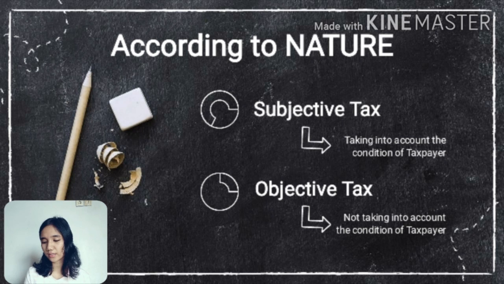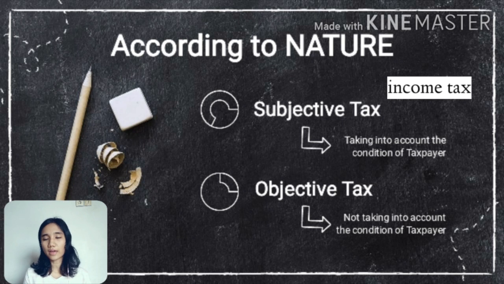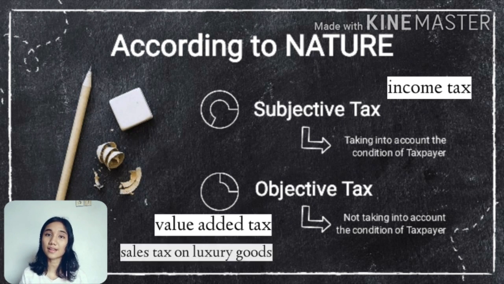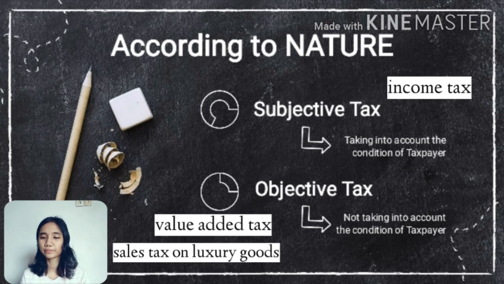While objective tax is a tax based on the object regardless of the condition of the taxpayer. An example of subjective tax is income tax. An example of objective tax is value-added tax and sales tax on luxury goods.